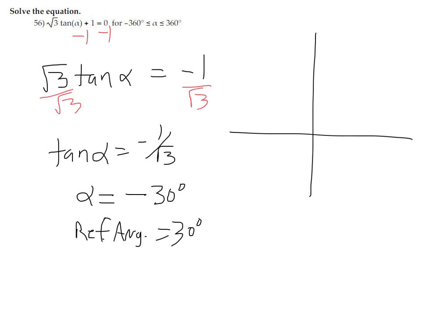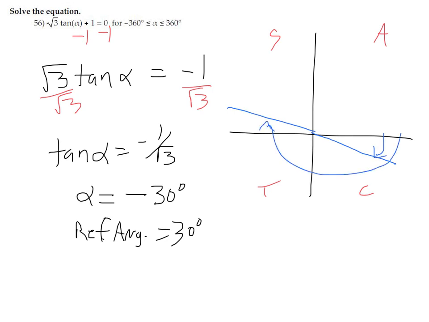And where is tangent negative? Well, knowing All Students Take Calculus, we know that tangent is negative here, 30 degrees, and here, 30 degrees. But there's actually 4 answers that we need, because we need this answer negative, and this answer negative.